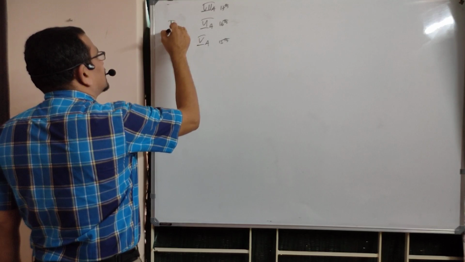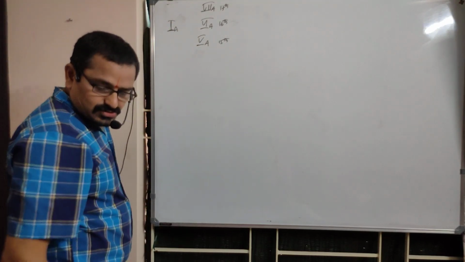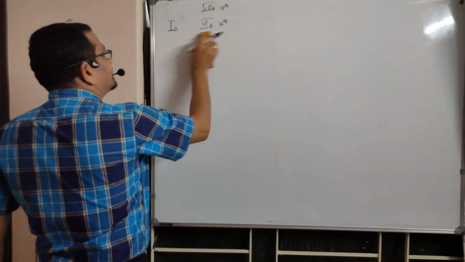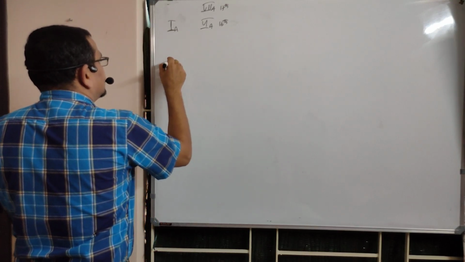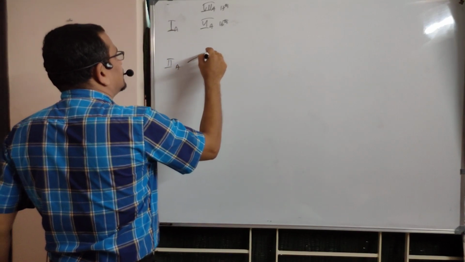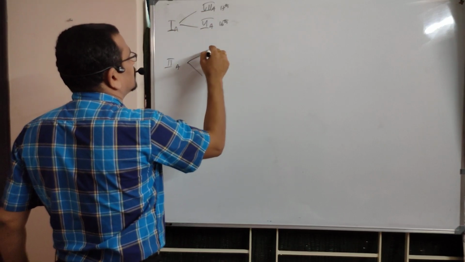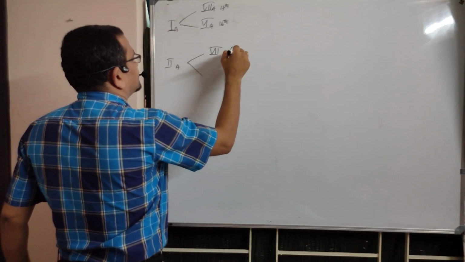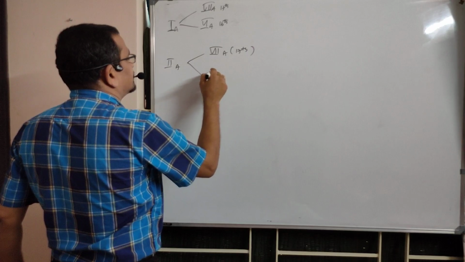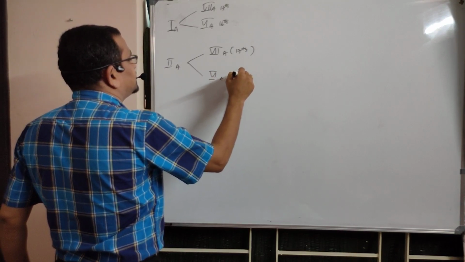So what are the ionic compounds that are possible? Let us take 17th and 16th groups. Similarly, between 2A group element and 7A group, that is 17th group, and 6A group, that is 16th group.